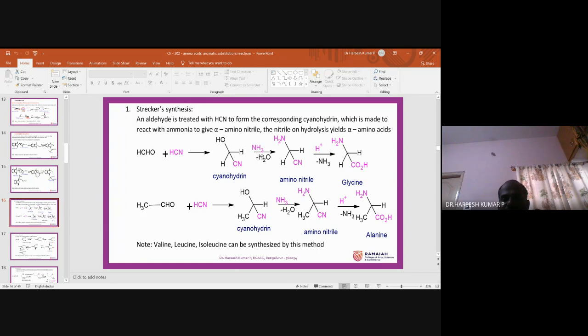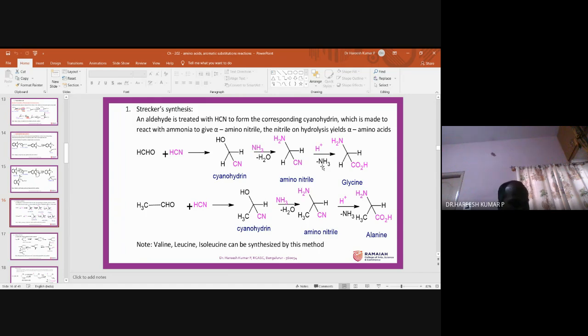That means H from ammonia, and OH goes out as water, forming an amino nitrile. This is amino, this is nitrile.